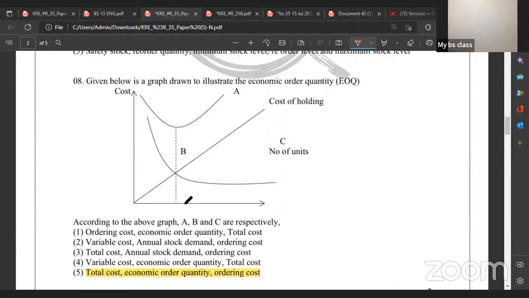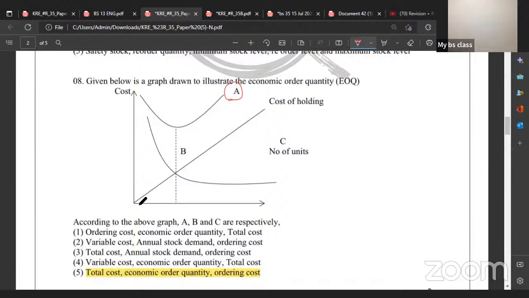According to the above graph, A, B, and C are respectively, right? Make it the cost, make it the number of units. Okay, so this is A, this is B, and C. Right.